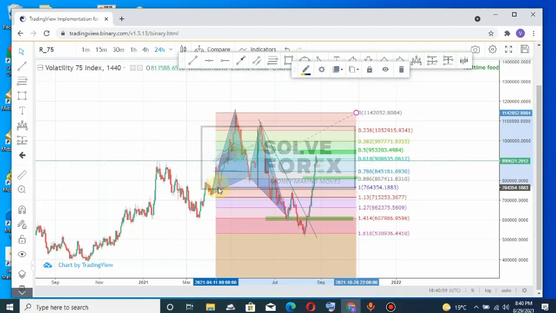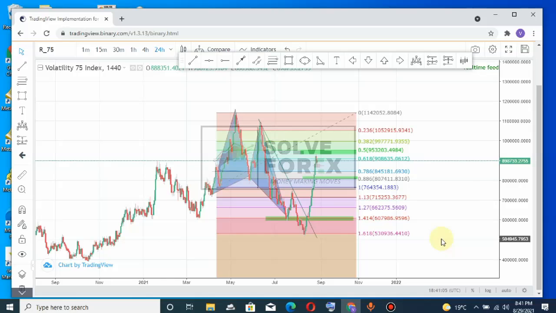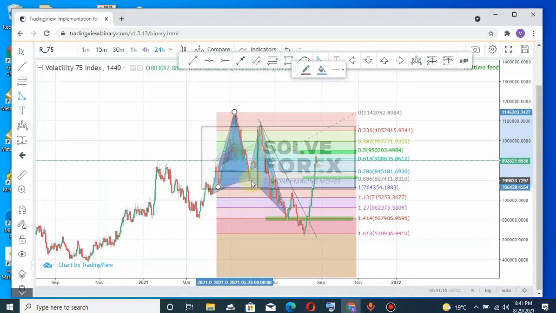In this case, I'm taking this one. I want to show you guys that you can use whatever harmonic pattern that's gonna work best for you. From this point, I can take my triangle again, from this point to that one, to 886. Our butterfly was on 786, but this one is on 886.